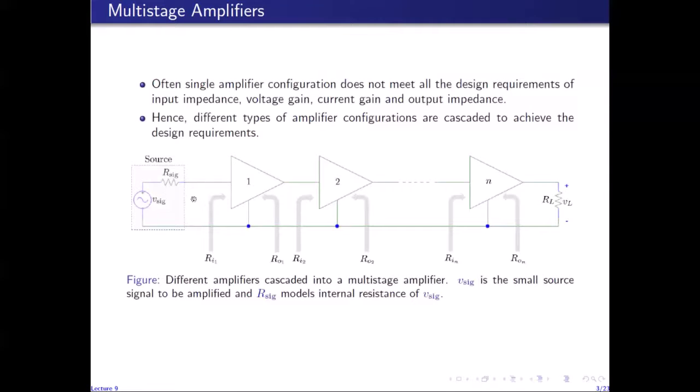So a fraction of Vsig appears as the input of the first stage, that input is amplified by the gain of the first stage, and it becomes the input of the second stage, which is then amplified by the gain of the second stage, which then becomes the input of the third stage, and so on, until we get the voltage at the input of the nth stage, which is then multiplied by the gain of the nth stage, and then we get the output across the load. So this output in terms of Vsig is given by the product of the gains of the individual amplifier stages.